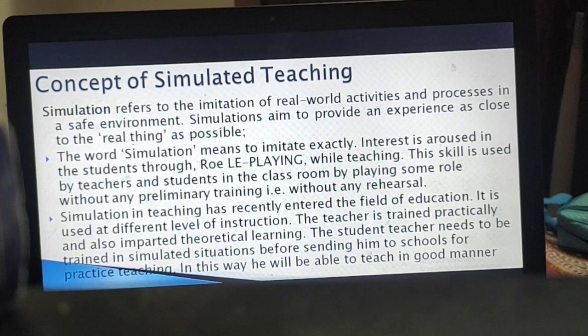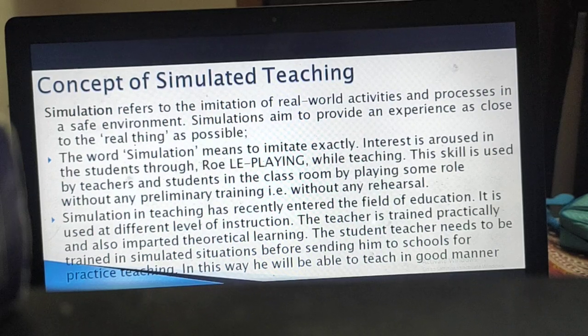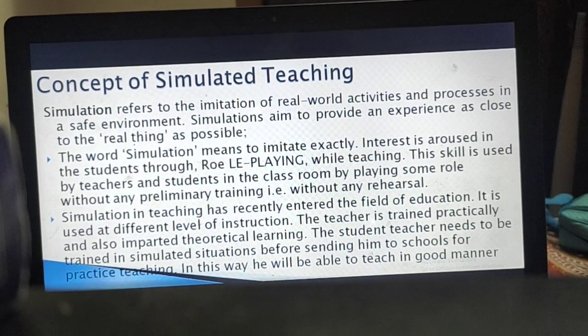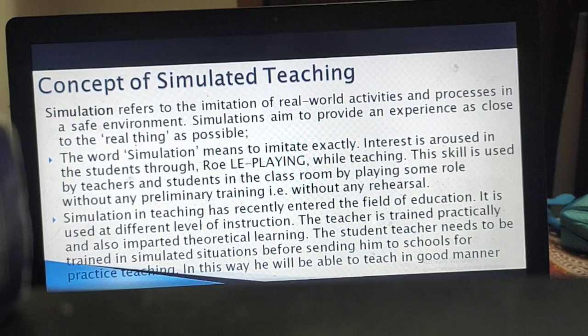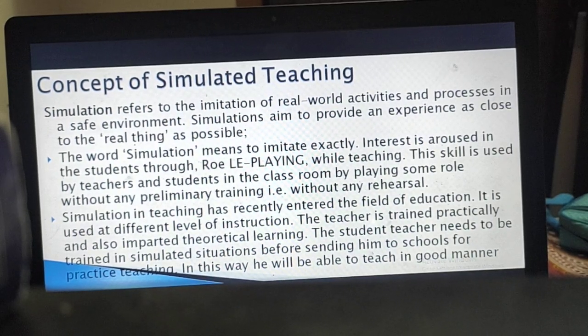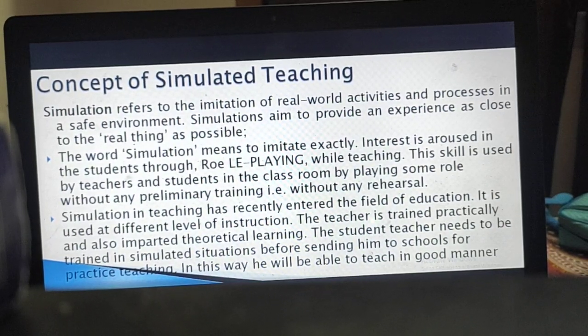Some experts take the interview before the real situation, and the experts create an environment that the candidate would have to face in a real situation. That is also an example of simulation.